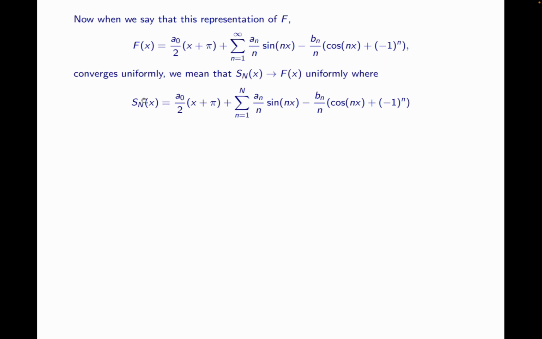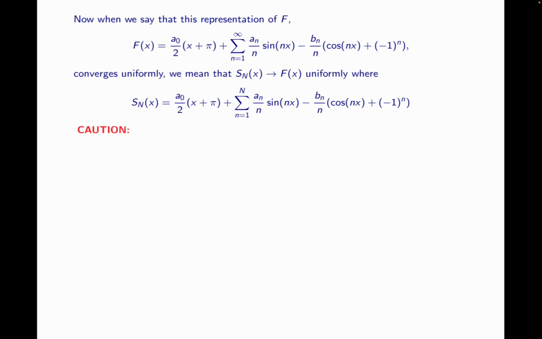So S_N of x as a function converges uniformly to f as big N goes to infinity. Notice S_N is not just a partial sum, it's a linear function plus a partial sum. Now that linear function is important.